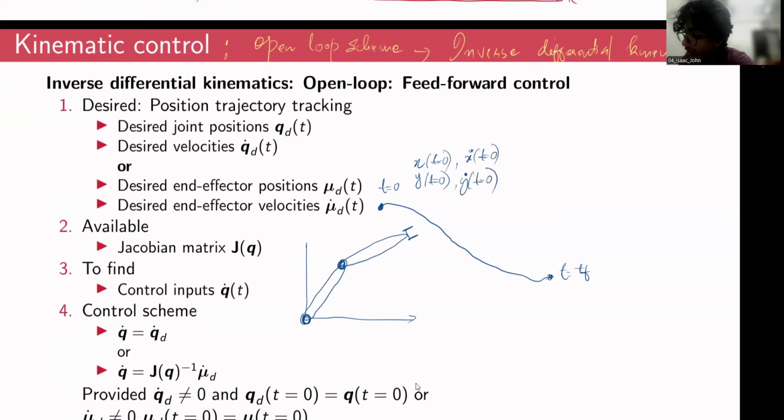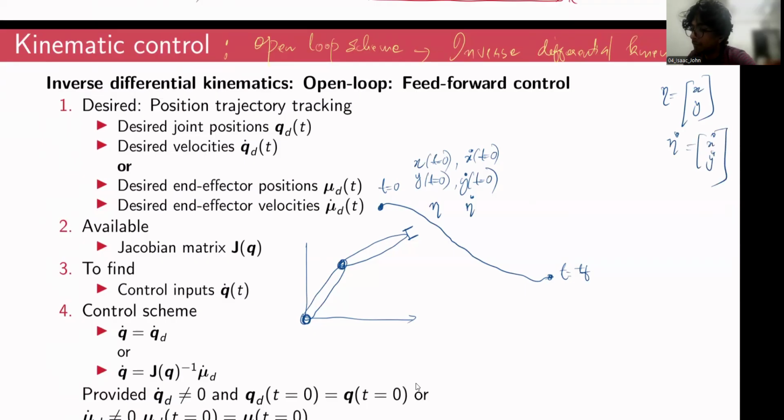Collectively, I can call x and y as eta, which is nothing but the vector of Cartesian coordinates x and y. And the velocities I can call eta dot, where eta dot would be x dot and y dot.